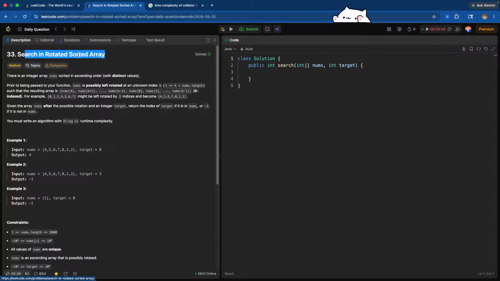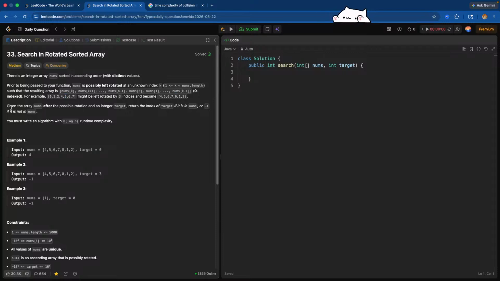Search in rotated sorted array. Given an integer array nums sorted in ascending order with distinct values, which is left rotated at an unknown index k such that the resulting array is nums[k], nums[k+1], ..., nums[n-1], nums[0], ..., nums[k-1].